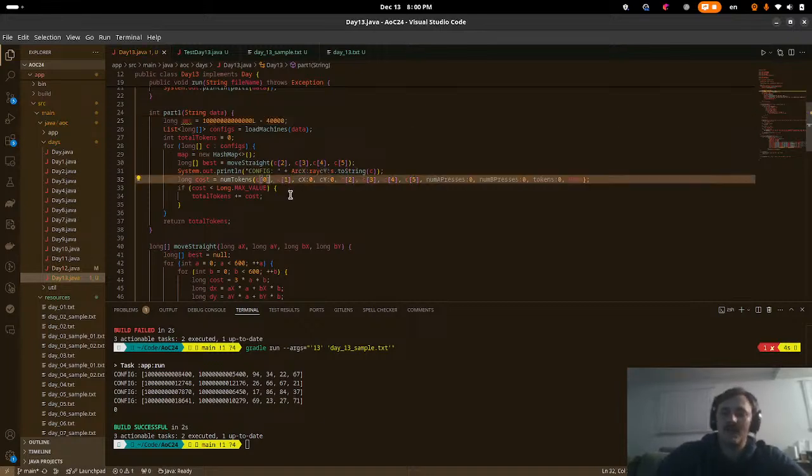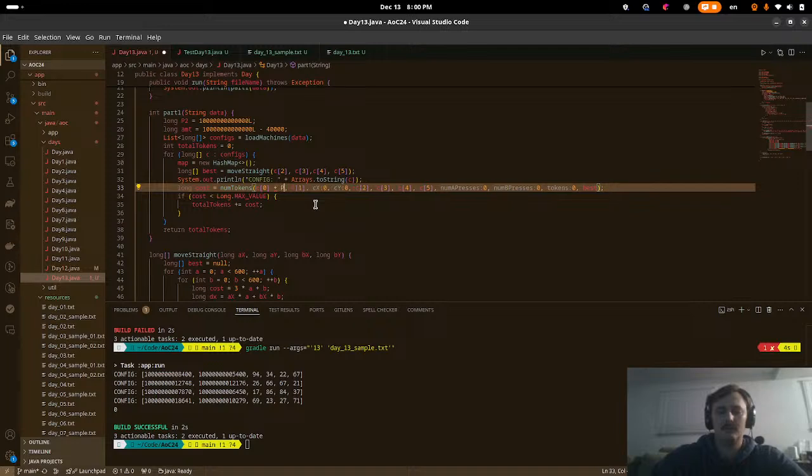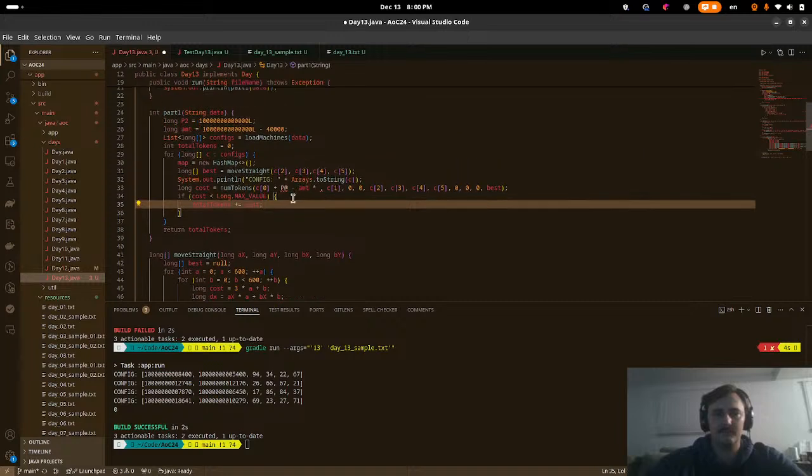And it's going to be the position X plus P2 minus the amount times the delta X, which is 0, 1, 2, 3, 4, fourth index of best.